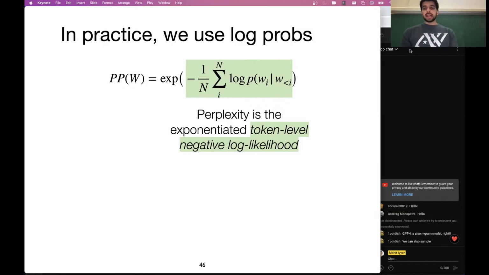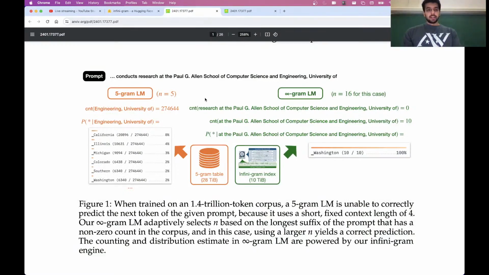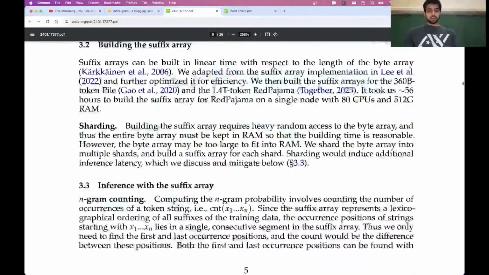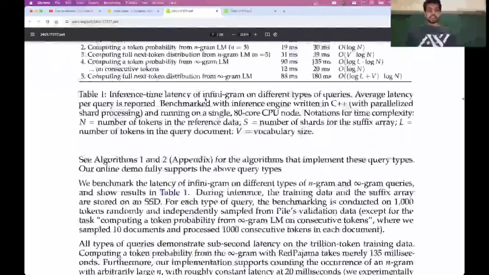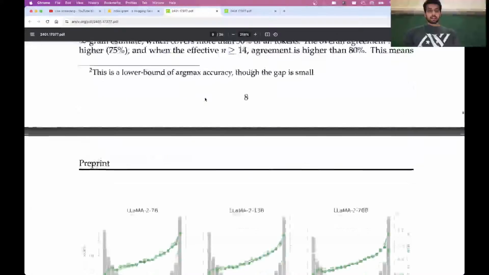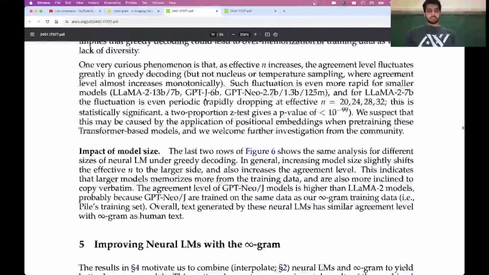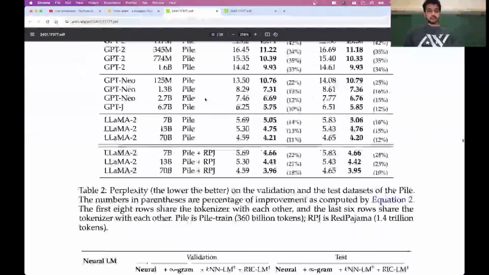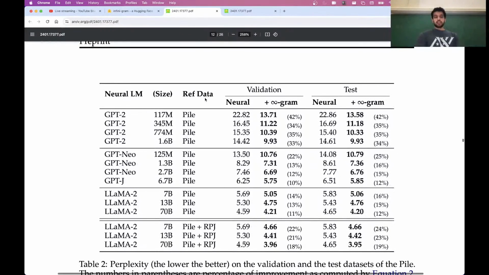And we actually see that in this, we can look at some of the results in this Infinigram paper. They show you the perplexities on, this is a very long paper. Let's see where they have their, all right. So here we see the validation perplexity, and perplexity on the test set. And this is with different types of neural language models.